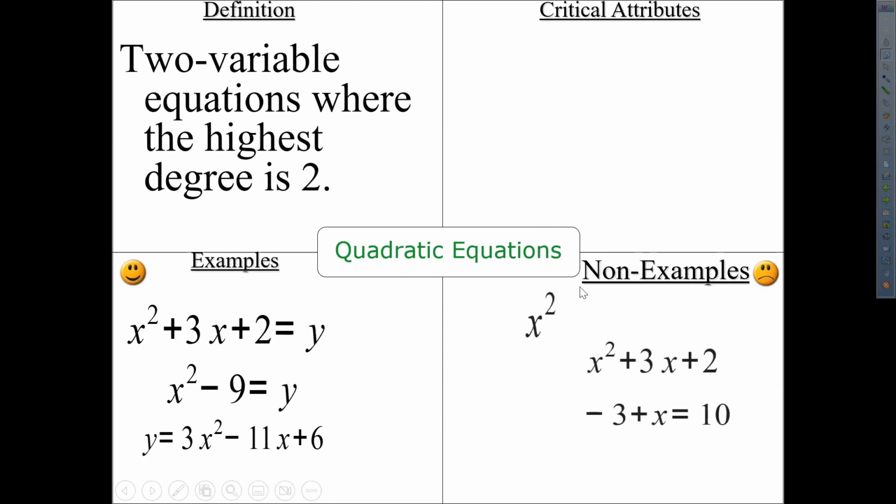Tell your neighbor why these are not quadratic equations. Talk it over with your neighbor. Why are those not quadratic equations? All right. The first 2, Delilah, why are those not quadratic equations?